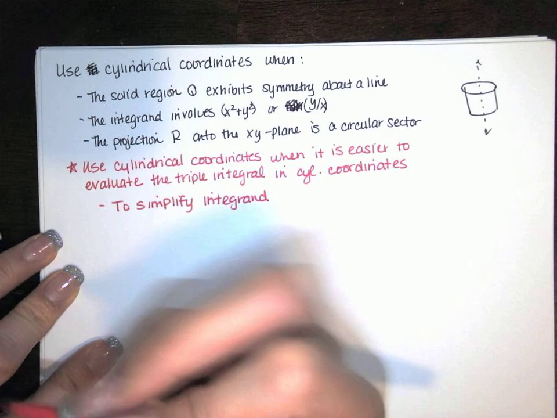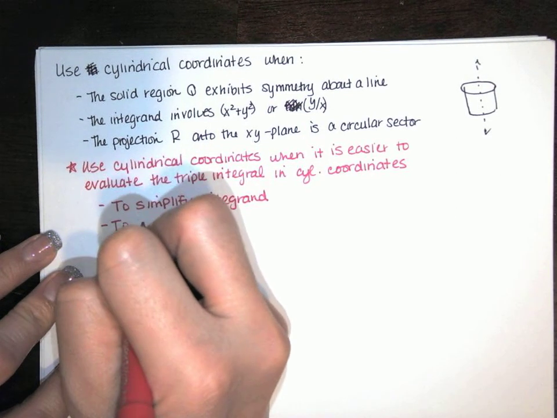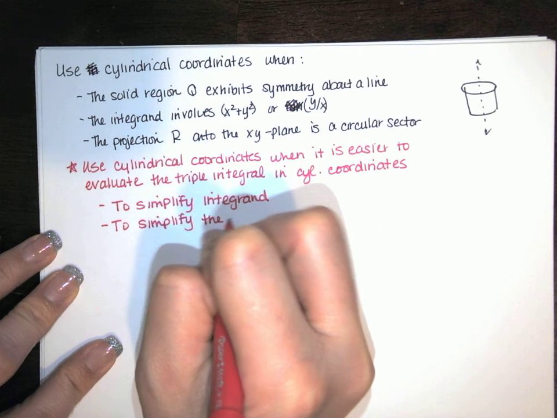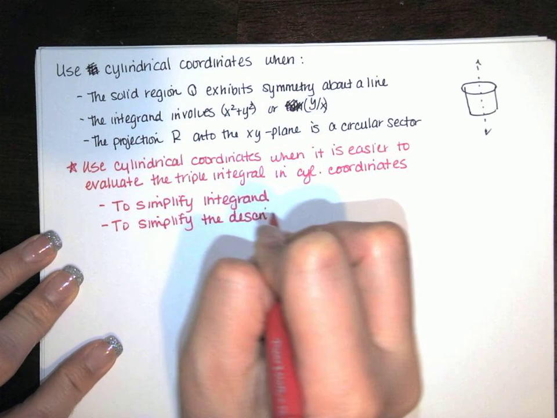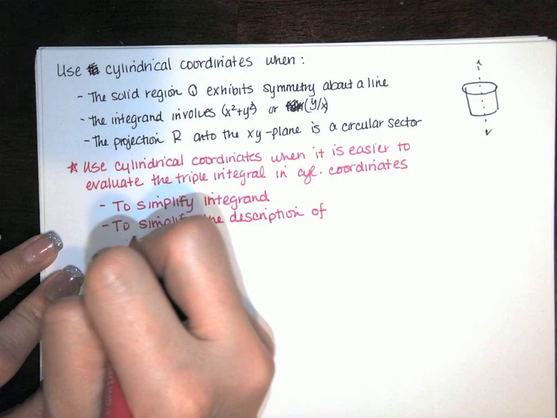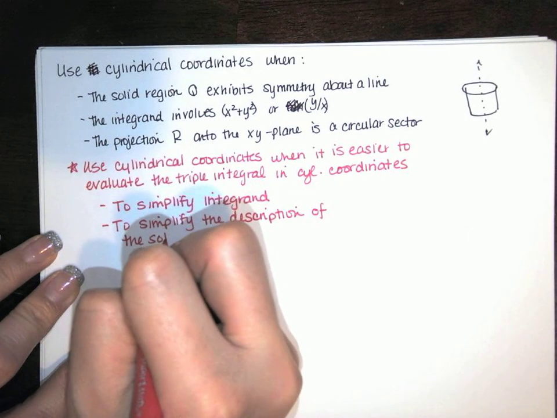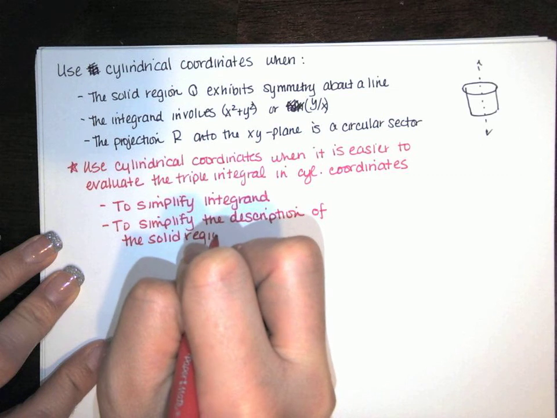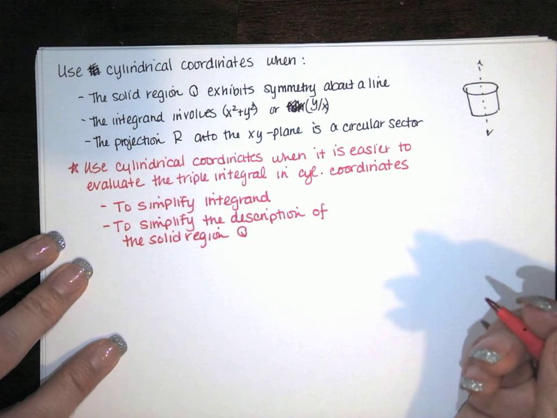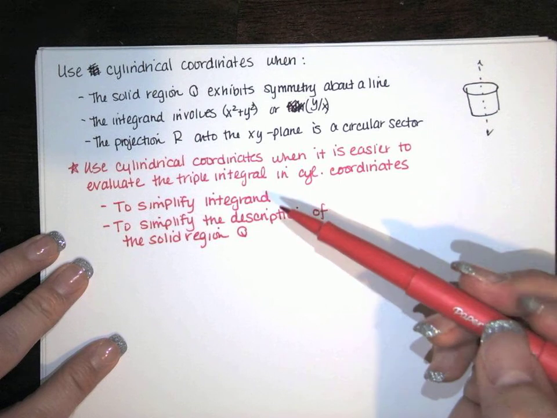We use cylindrical coordinates to simplify the integrand, or to simplify the description of the solid region of integration. So we're trying to either simplify the integrand or simplify the bounds.